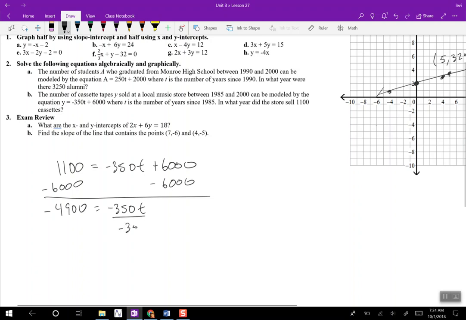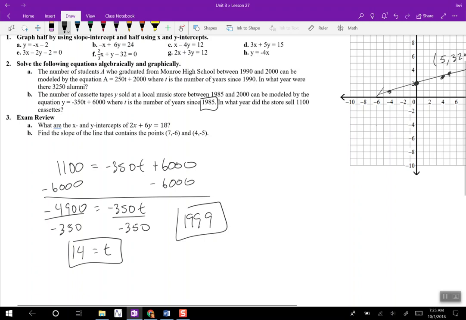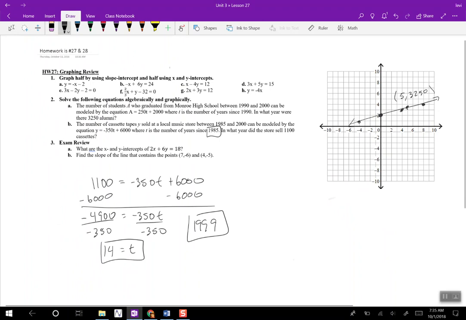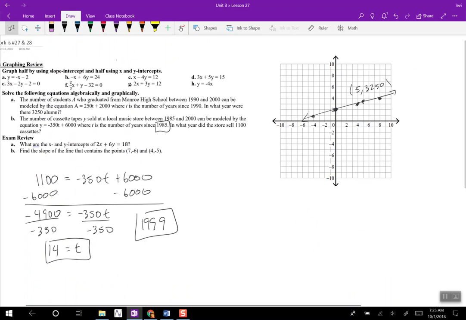So then we're dividing by negative 350, and that's 14. So 14 years from what time? 1985. So that would be what? 1999. Right? So 1999.